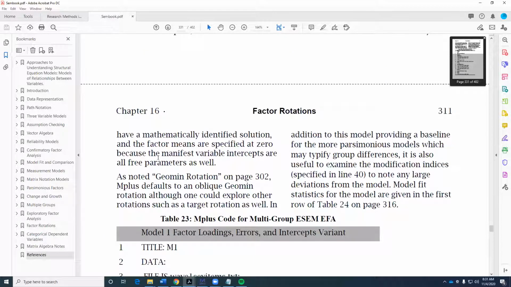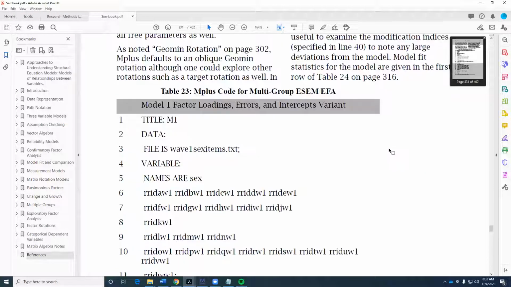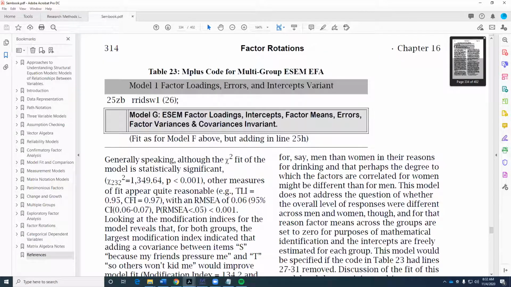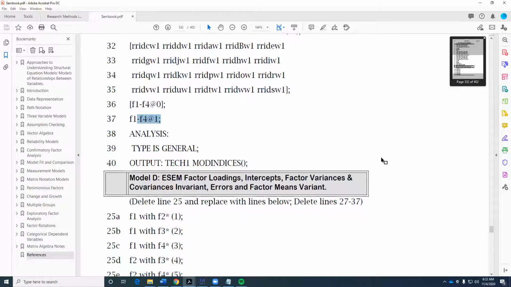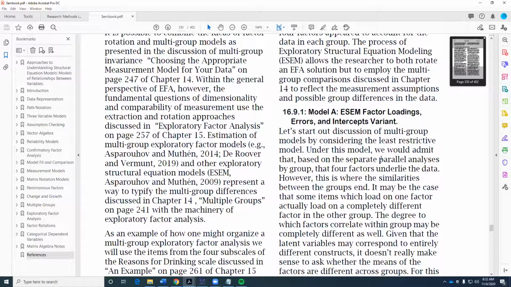And Mplus is going to default to a geomin rotation for this. So downstairs, when we're factor analyzing, we can fit other models as well. I guess the way that I'd organized this discussion was to talk about each of the invariance hypotheses first. I'm sorry to be skipping around here.